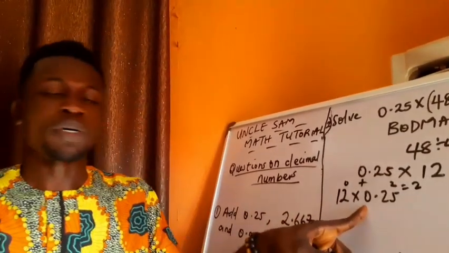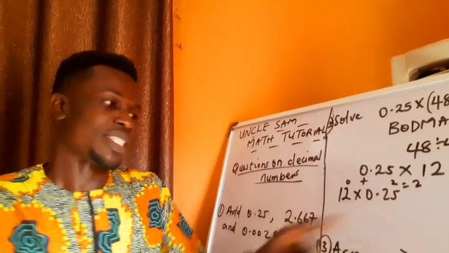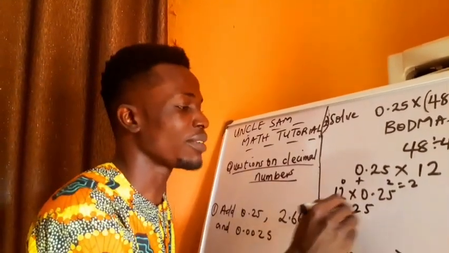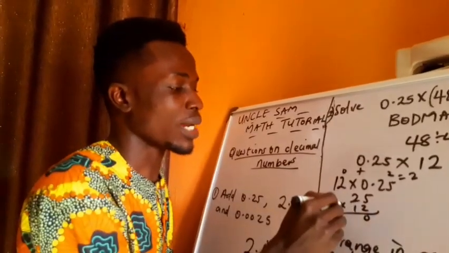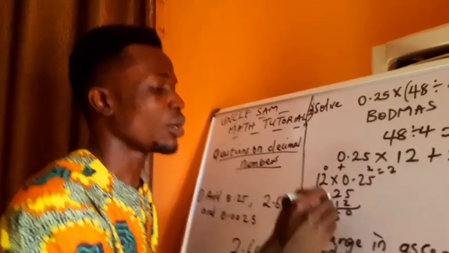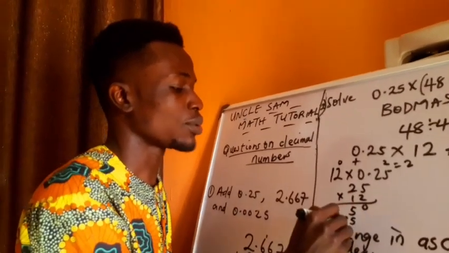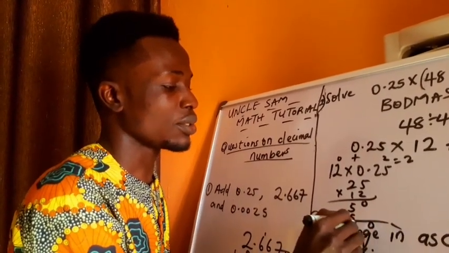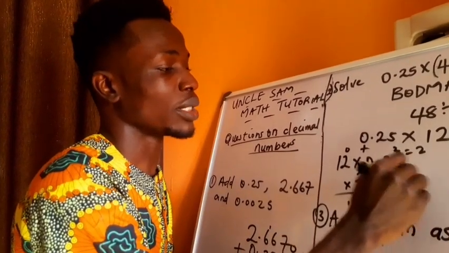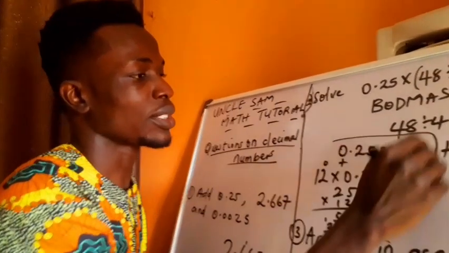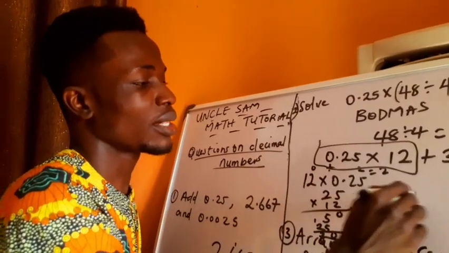Then remove the points. The only number you have left here is 25. So you have 25 times 12. 2 times 5, 10. 2 times 2, 4, plus 1, 5. 1 times 5, 5, 1 times 2, 2. So you have 300.